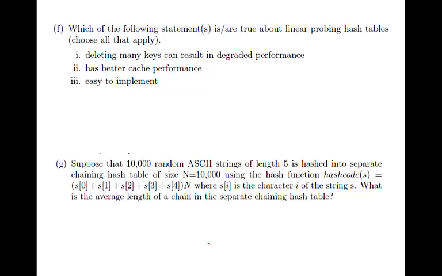All right, so the next question is about a linear probing hash table. This is just like an array, right? It says deleting many keys can degrade the performance. The answer is yes, because if you delete a lot of keys, we leave some dummy things in there.